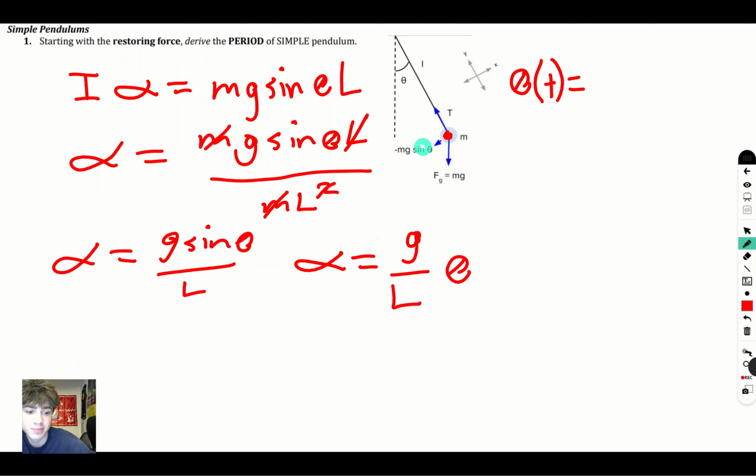And let's write the basic equation for our displacement, and that's going to be a cosine omega t, where omega is our angular frequency. The reason that we have cosine here and not sine is because it's starting at a displacement.